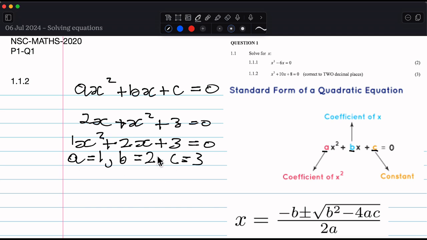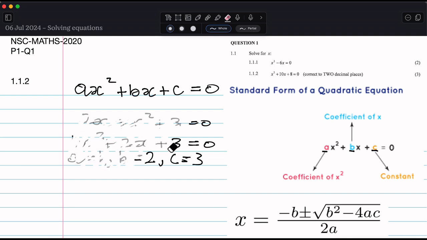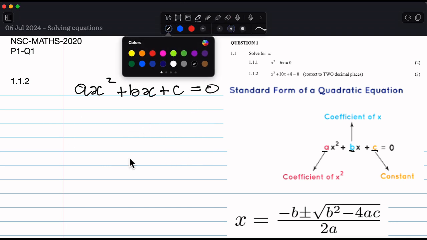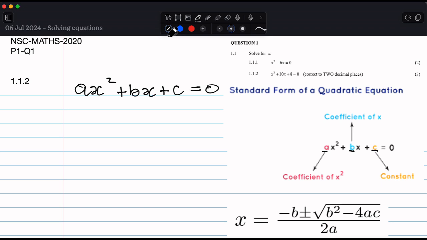Now from here, we can go ahead and substitute into the quadratic formula. So let's go to the question that we are supposed to be answering. Question 1.1.2. So here we will have, right, the equation is x squared plus 10x plus 8 equals 0, right?